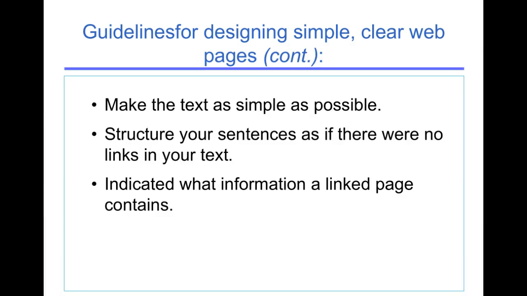Make the text as simple as possible. Structure your sentences as if there were no links in your text. So if, for example, I wanted you to link somewhere, I would just have that underlined and make that a clickable document so that you could just link to it that way. Okay, indicate what information a linked page contains.